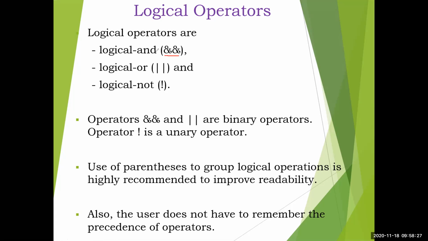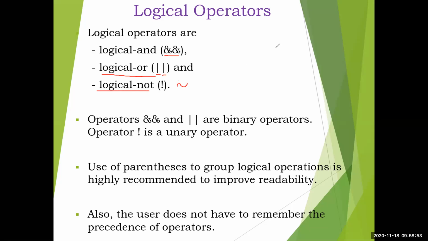We are learning this first set here. If you have two or symbols, it is logical or. If it is single, we call it bitwise; we'll learn it in the next video. And then logical not. In some cases negation will be used and in some cases this symbol. If you use this symbol, it is logical not. So be careful about the symbols.